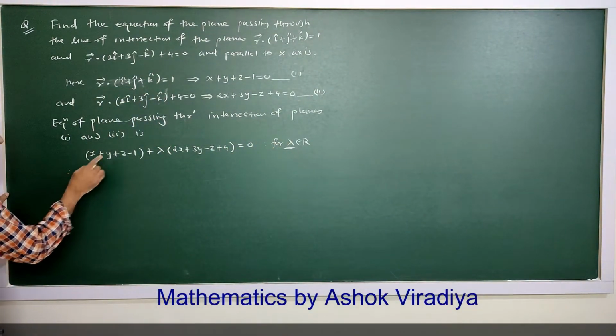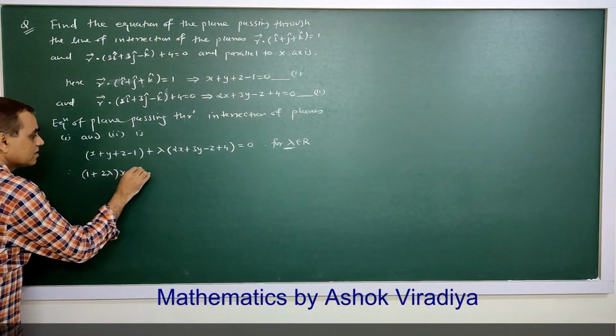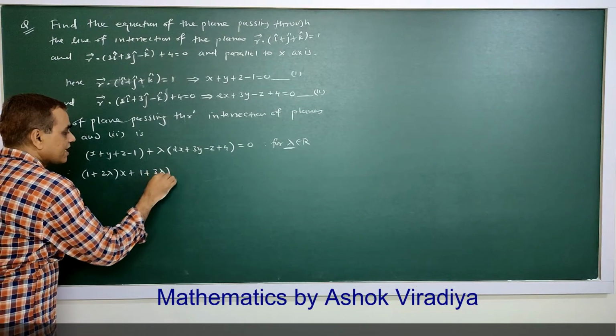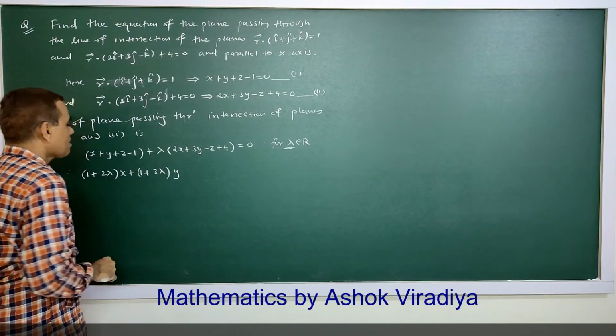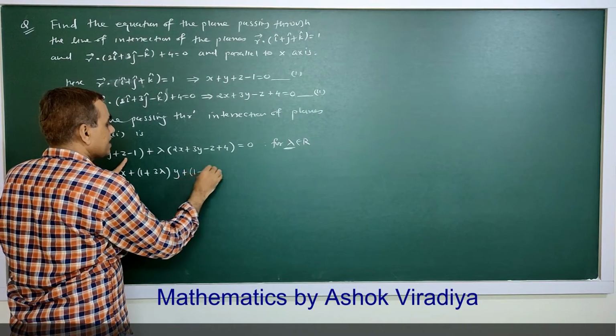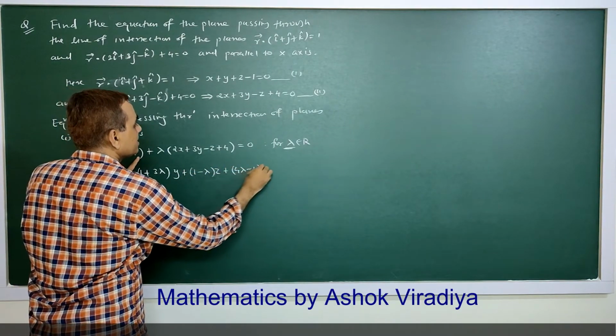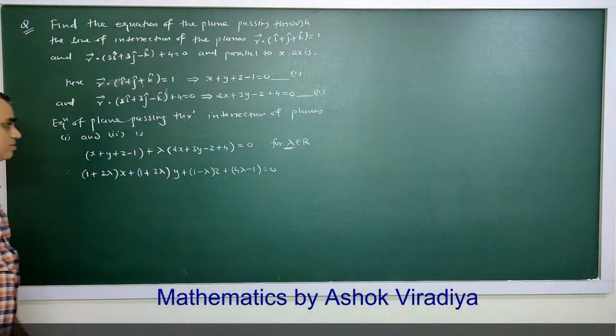So this equation can be written as (1 + 2 lambda) times x, (1 + 3 lambda) times y, (1 - lambda) times z + 4 lambda - 1 = 0.